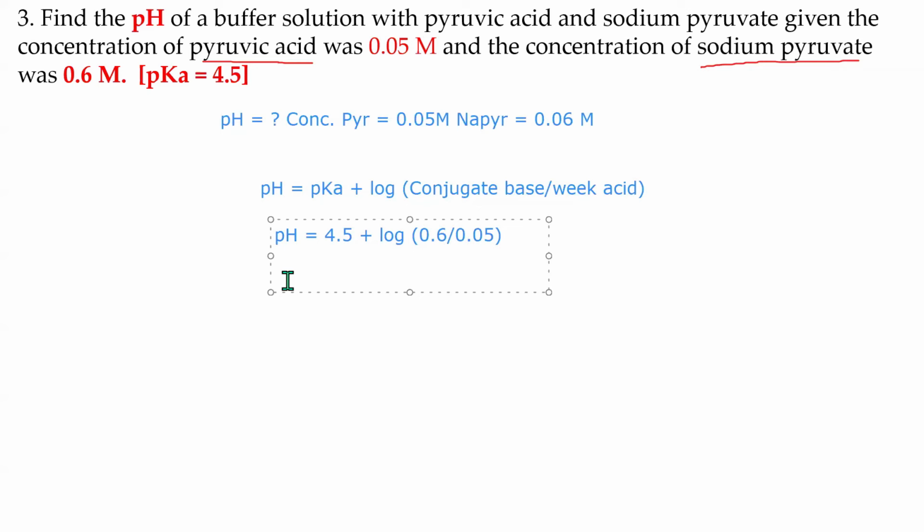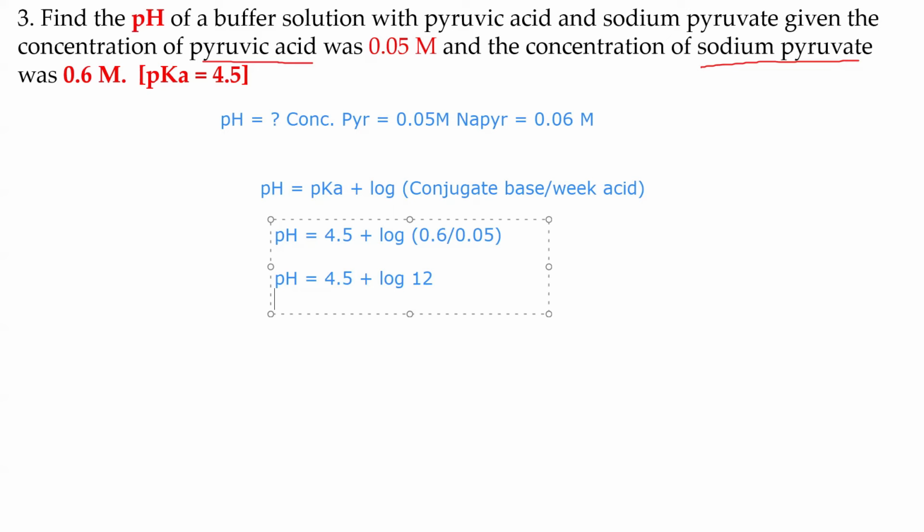So pH is equal to 4.5 plus log of, if we take 0.6 divided by 0.05, it gives us 12. Now we can just say log 12. If we take the logarithm of 12, what do we get? Log 12 gives us 1.079.